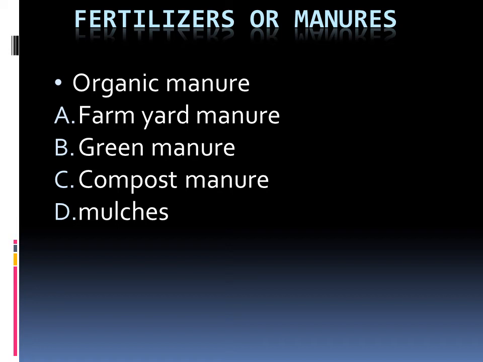Pupils, what are some of the things needed in a compost heap manure? You need dry leaves, topsoil, ash, and farmyard manure. Dry leaves, for what purpose? Pupils, dry leaves are to reduce the rate of evaporation.